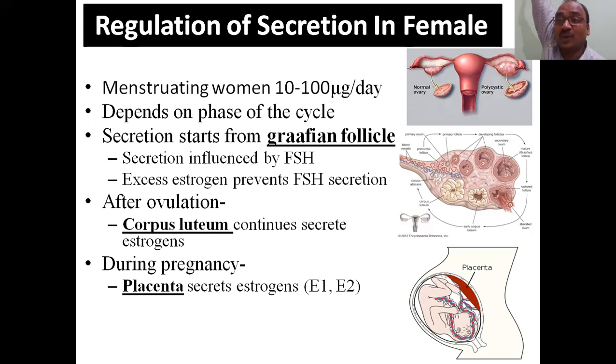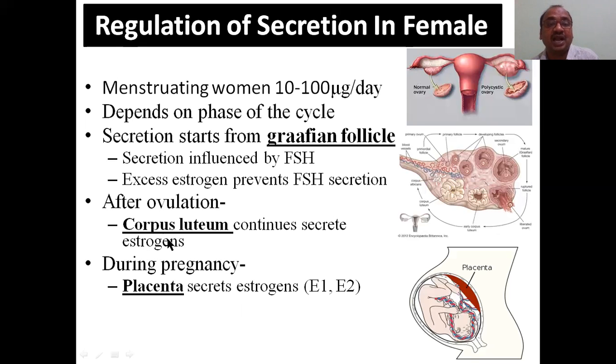Luteinizing hormone stimulates progesterone synthesis and secretion. Estrogen and FSH: E and F are adjacent alphabets, so you can easily remember. After E, you get F. Next, excess estrogen prevents FSH, that is a negative feedback mechanism in the body, which we know very well.